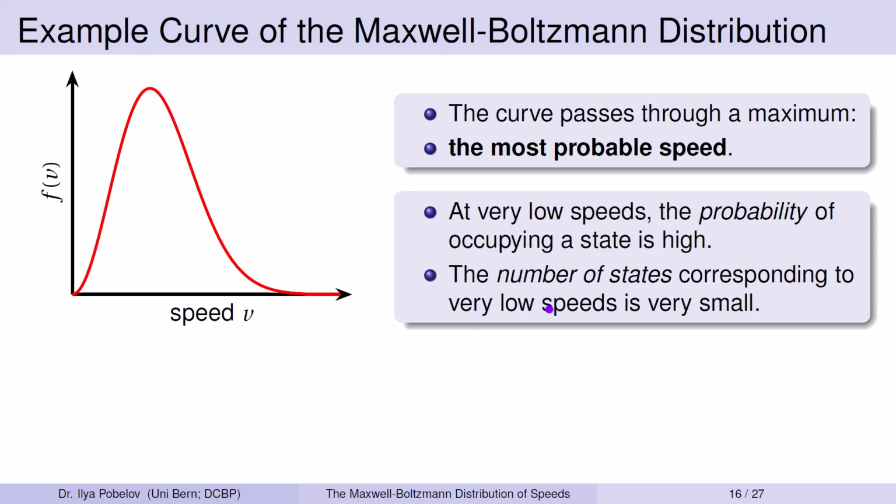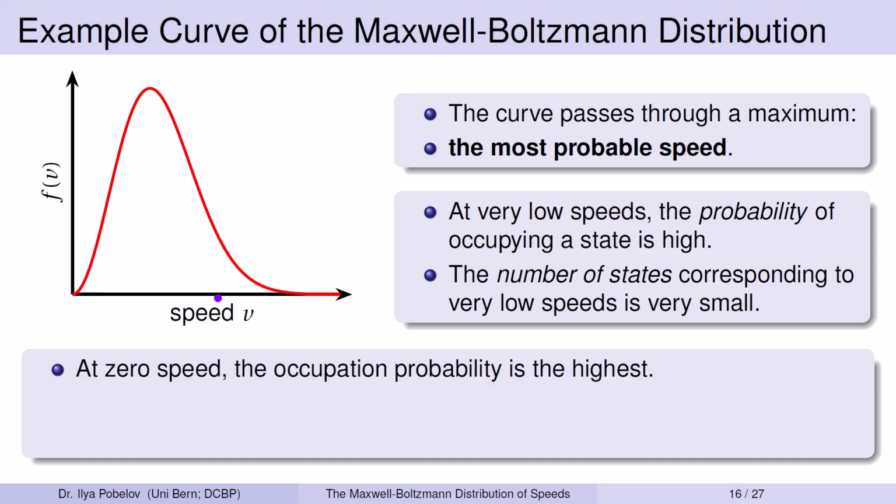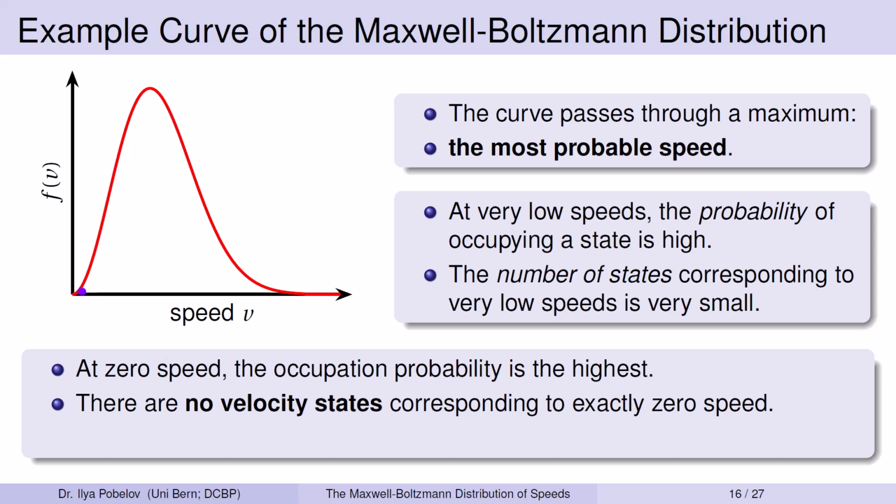However, the number of states corresponding to very low speeds is very small. Specifically, at zero speed, the occupation probability is the highest. But there are no velocity states corresponding to exactly zero speed. As a result, the function f of v is zero at zero speed.